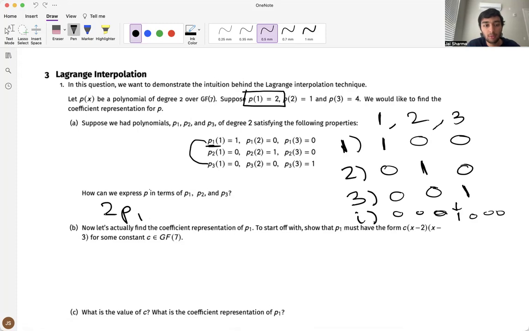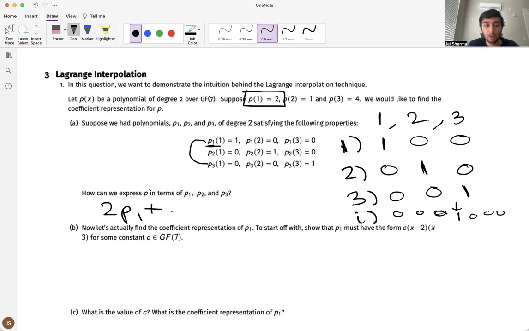What 2P1 means is that if x is 1, this will end up giving me 2. Otherwise, it's 0, right? So we have specified the point that we want, while having nothing to say about the other points. That's how I like to think about it.